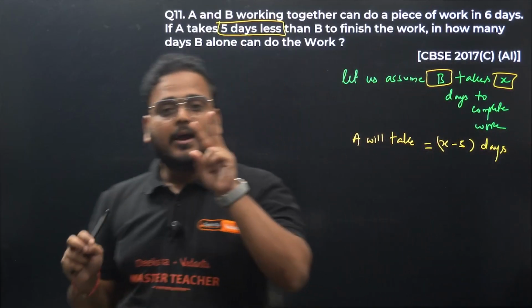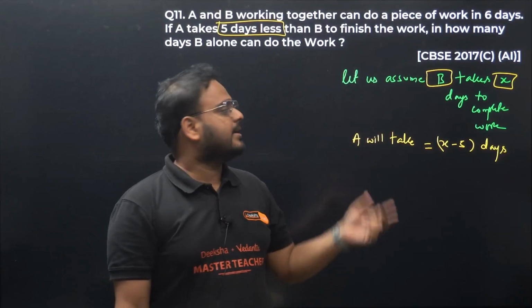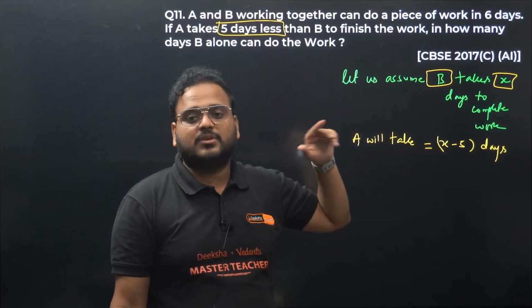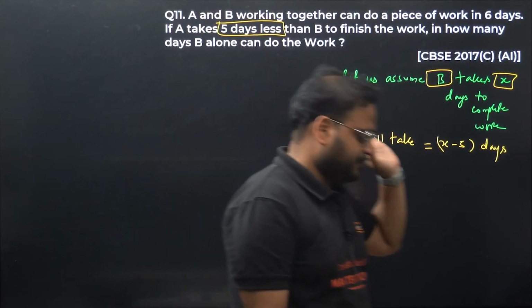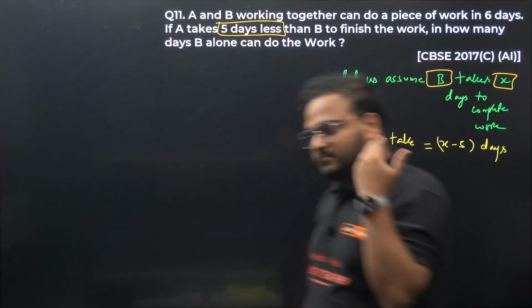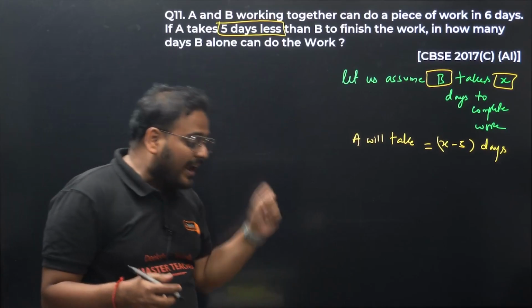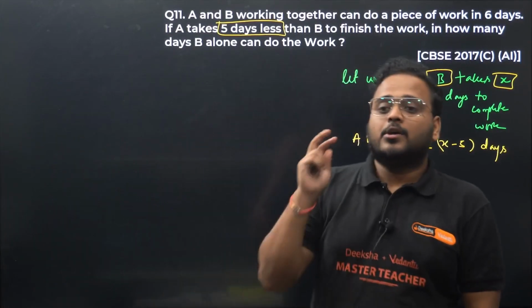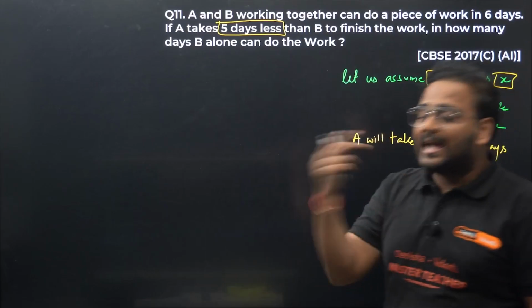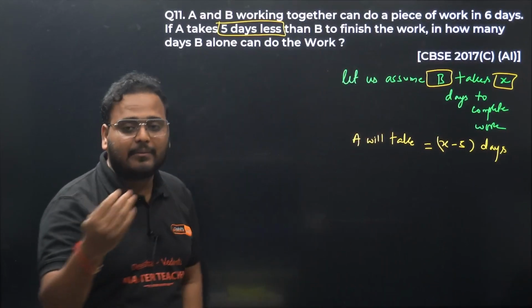Together they finish the complete work in 6 days, and individually A is faster, finishing the work 5 days faster. Apart from that, nothing else is given. Then how do you solve this question? Try to find the unit time, unit day work.